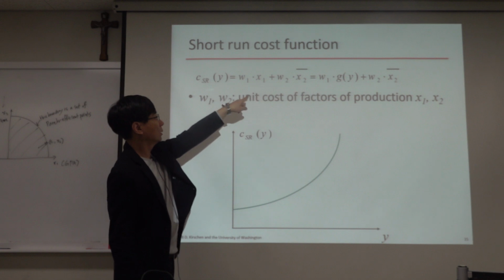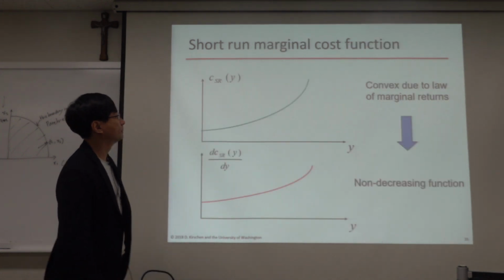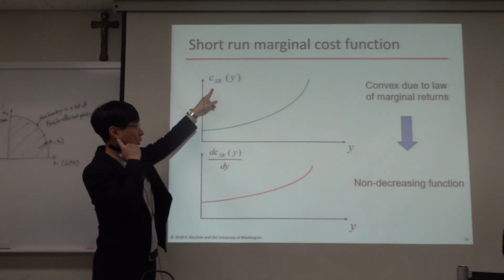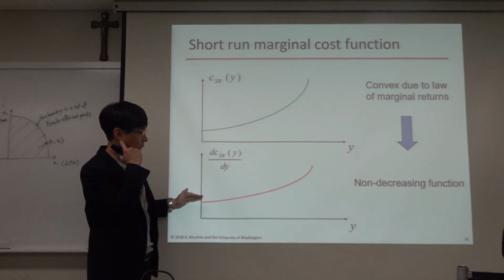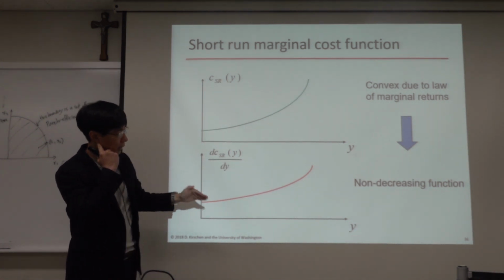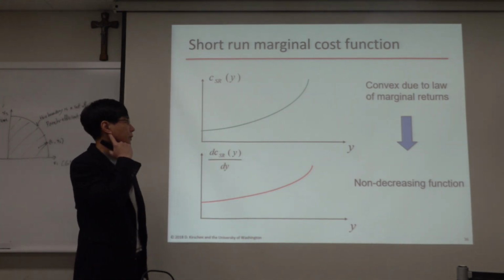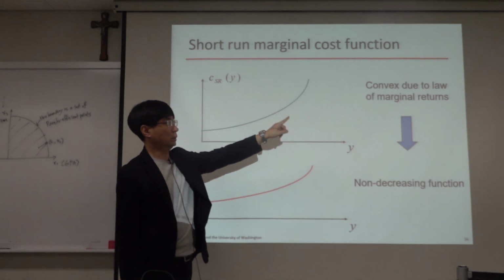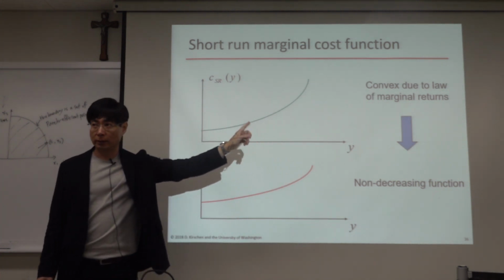Here W1 and W2 are fixed. So when you take the derivative of the short run cost function, you have this marginal cost. Marginal cost is an increasing function or non-decreasing function, convex due to the law of marginal returns.